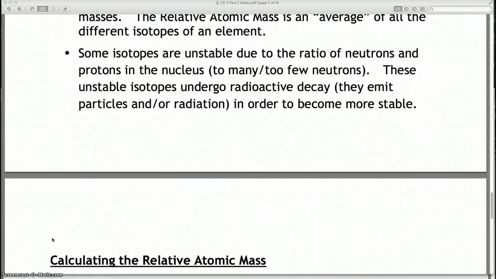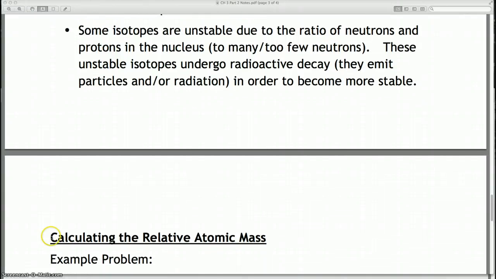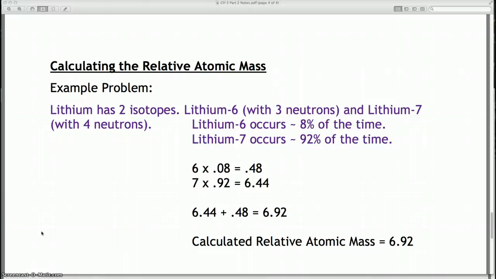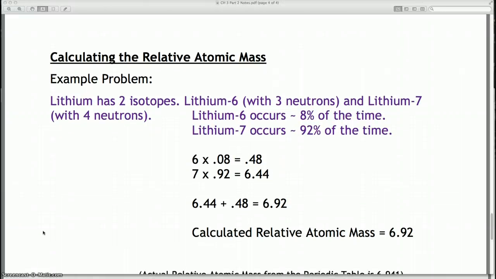So, the last thing we need to talk about is how the relative atomic mass is calculated. And I will expect you to be able to calculate the relative atomic mass if I give you some of the data for the different isotopes of an element. So this is an example problem.